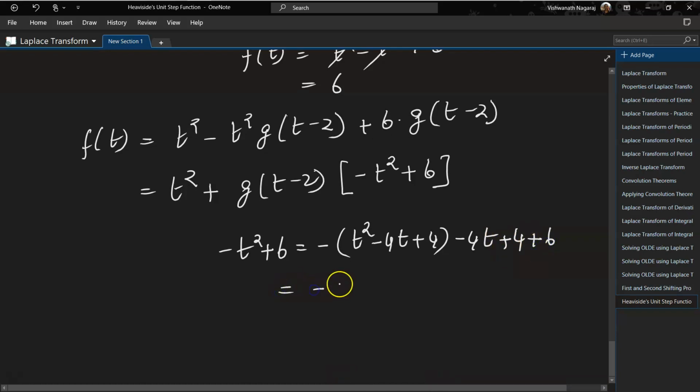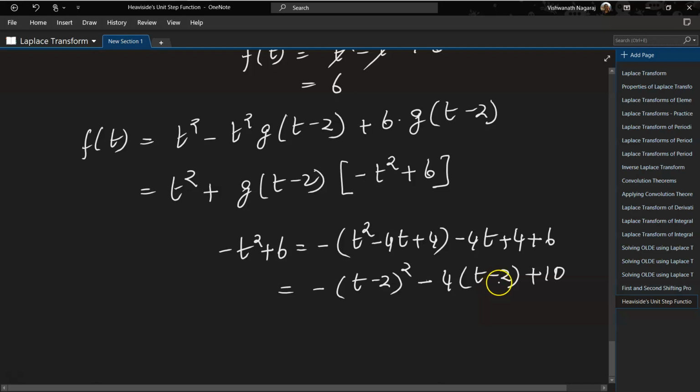So this becomes minus. Now this becomes t minus 2 square minus 4. This also should be in terms of t minus 2. So 4 times t minus 2 plus 10. Okay. But remember, I have written t minus 2. So extra what I have got now?